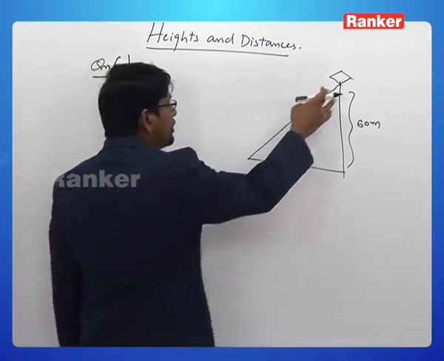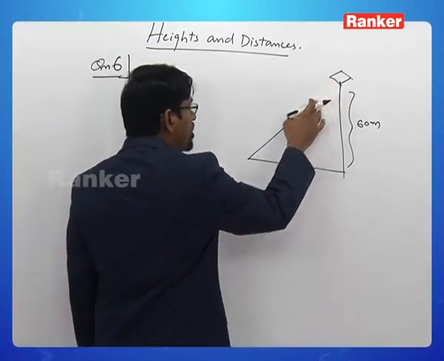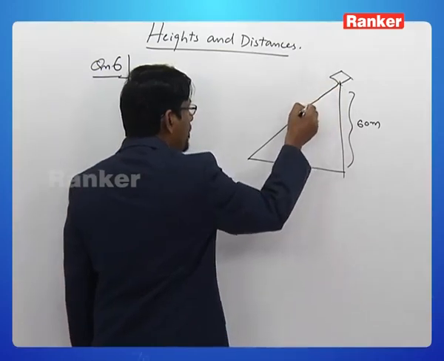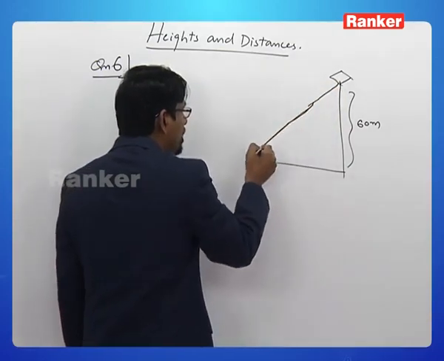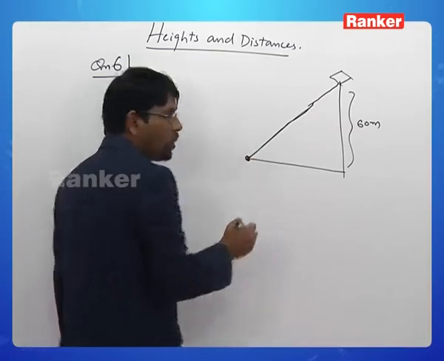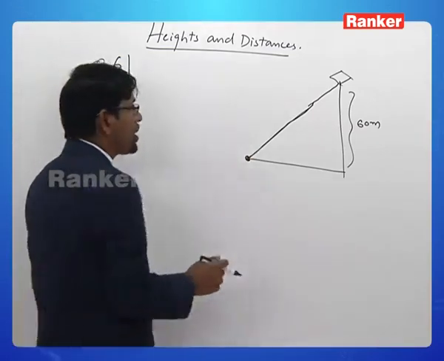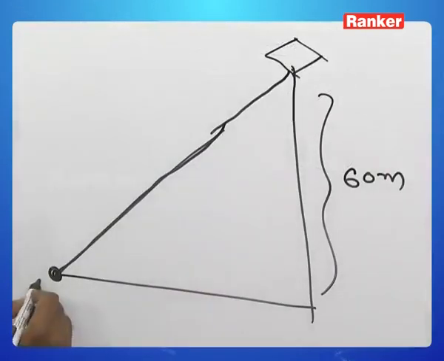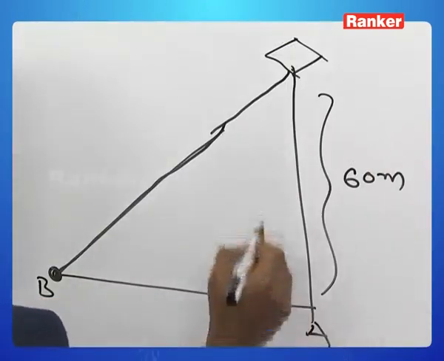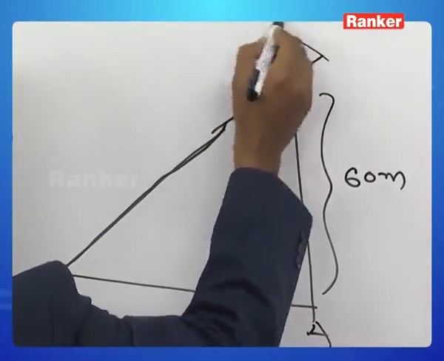The string here has no slack, in the sense it's tight, and it is tied to a point on the ground. Let us say, let's call this as point B and this is A, and the point C here.